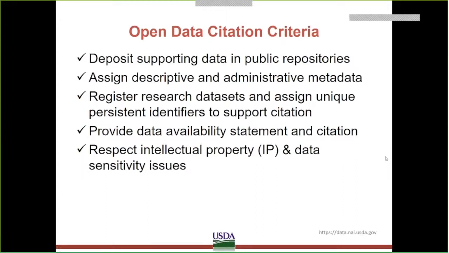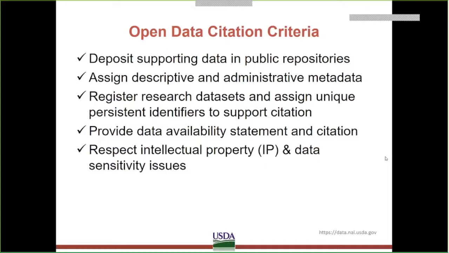So to summarize all of those recommendations, the key criteria for open data access and citation basically come down to this. Data should be made available in an open repository by the time of publication of the citing article, either before or for certain by the time of publication.